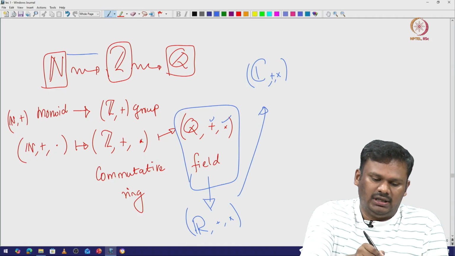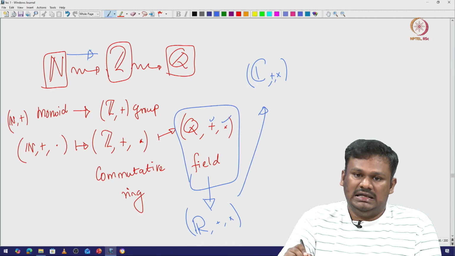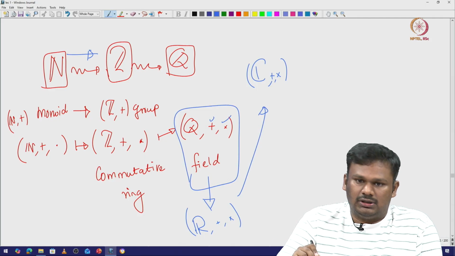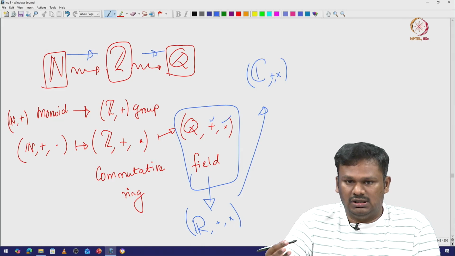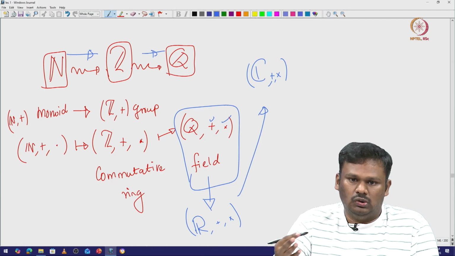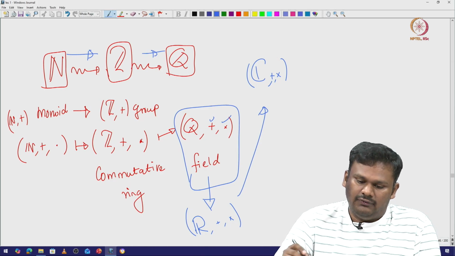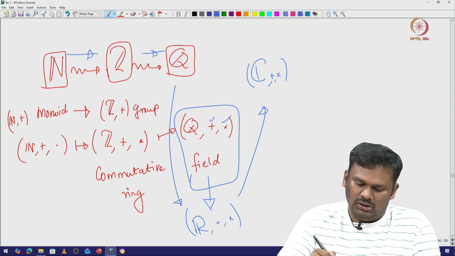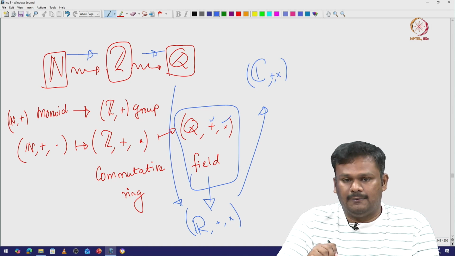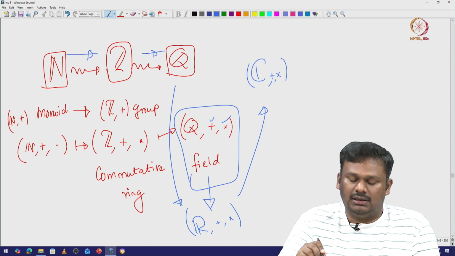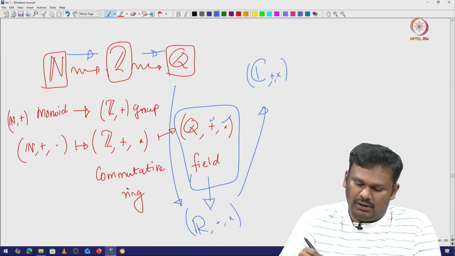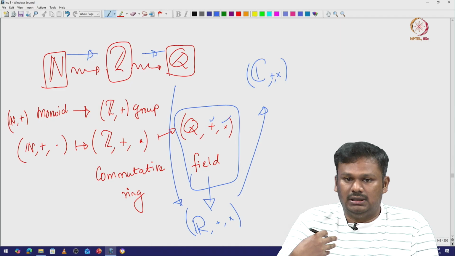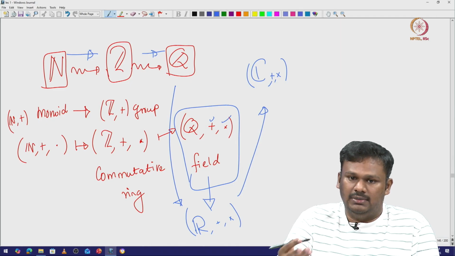So, from here to here we solved somewhat linear equations, actually monic linear. From here to here we solved all possible linears, including non-monics. From here to here we are actually doing what is called completion, so completion of a metric that is introduced on the rational numbers, and from R to C we try to solve all possible polynomial equations.